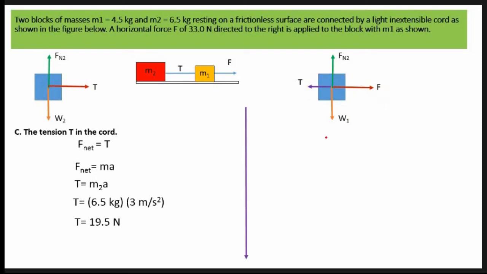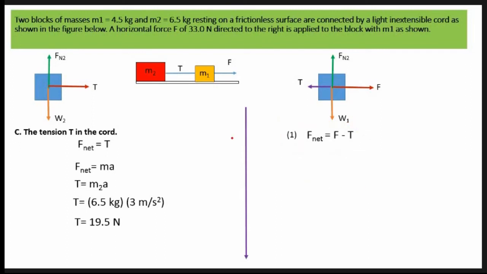So we could assume that the net force is equal to F, and it's positive because it's going to the right, minus the tension force, and it's going to the left. That's why you have to subtract it. And then you get this first equation: F net is equal to applied force minus tension.